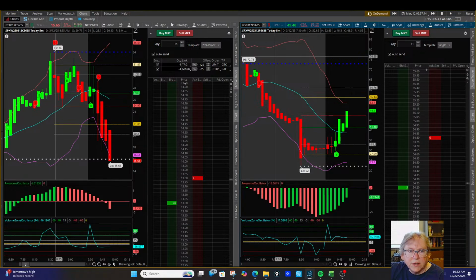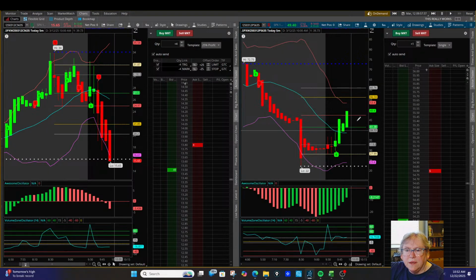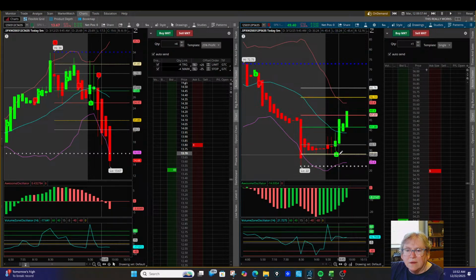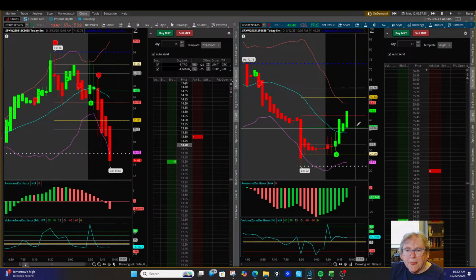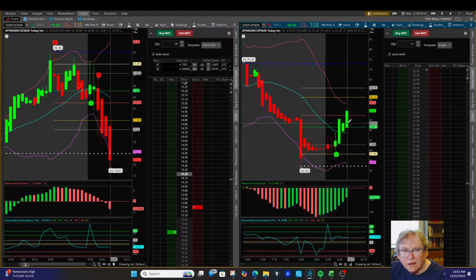And you can't look at the very first one. You have to wait until 9:36. So this one checked all the boxes, and this definitely would have been a winning trade on the put side.